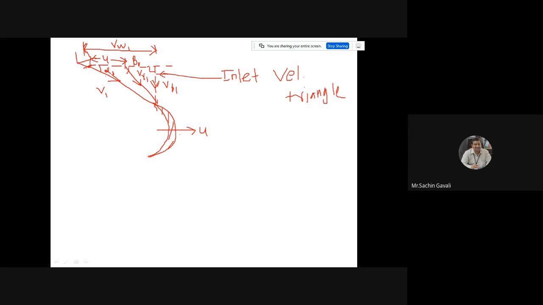Now this is the other component, at outlet. This is the relative velocity, vr2, on the outlet side.